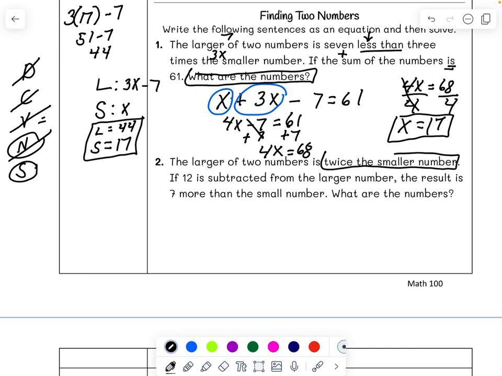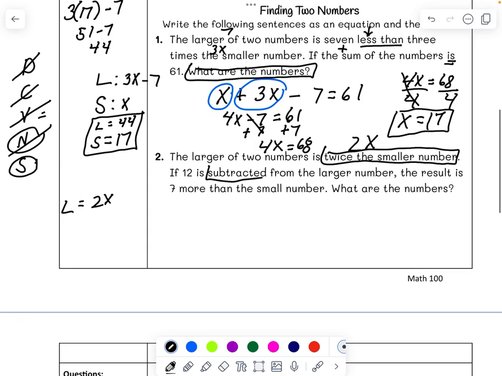So if I make x my smaller number, I could do a 2x there. So my larger number equals 2x, but I'm going to also subtract 12. Okay. So there's my larger number.